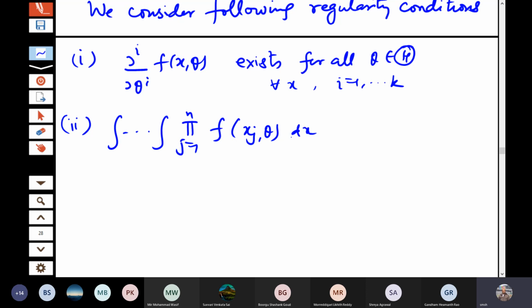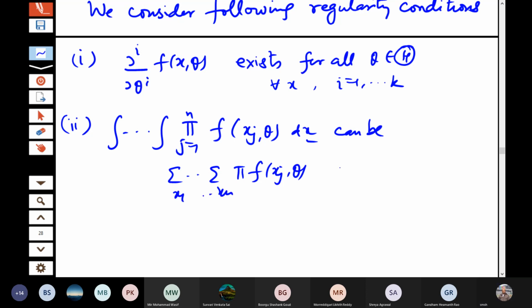Once again, I am writing in terms of integrals, but the same thing will be replaced by summations in the case of discrete. I mean, this will be like this if it is discrete. Earlier we have written it can be differentiated. Now I will say it can be differentiated i times.